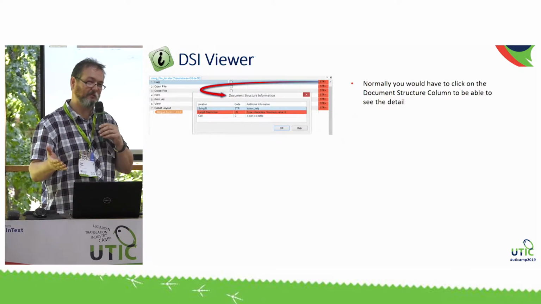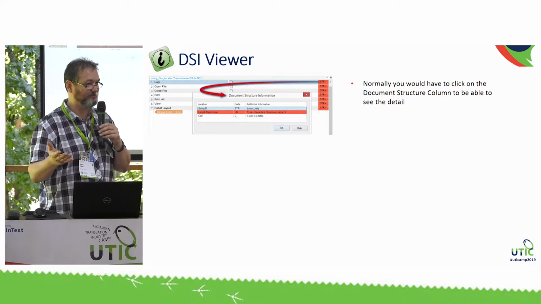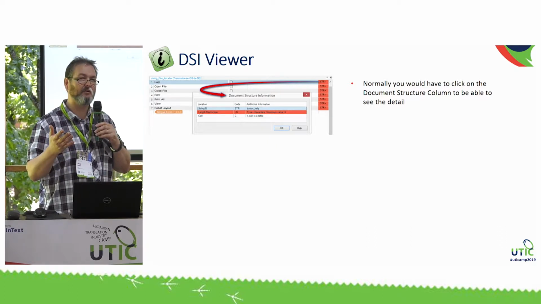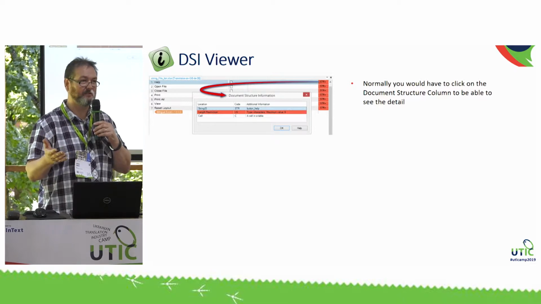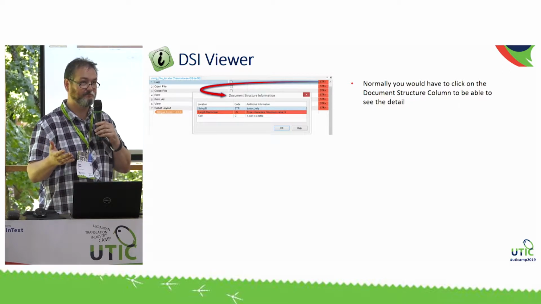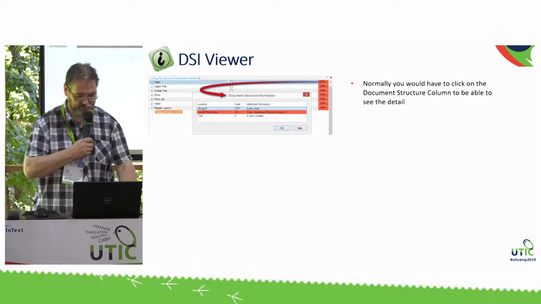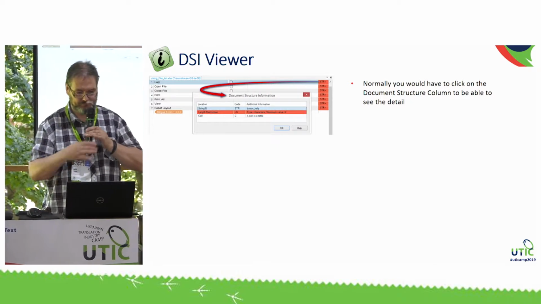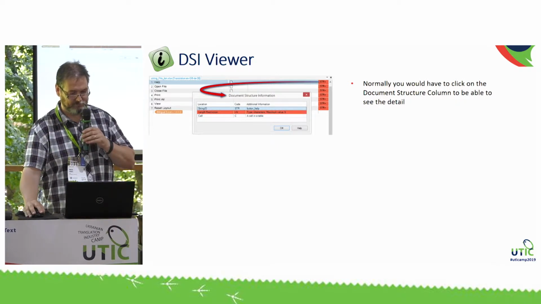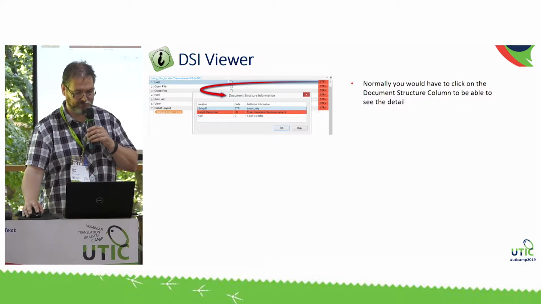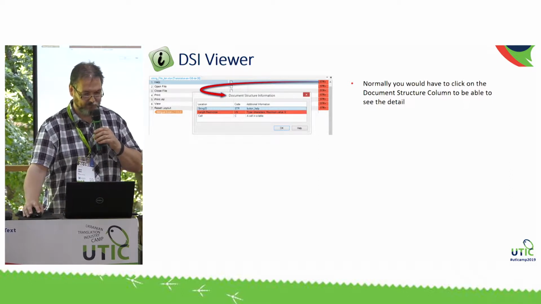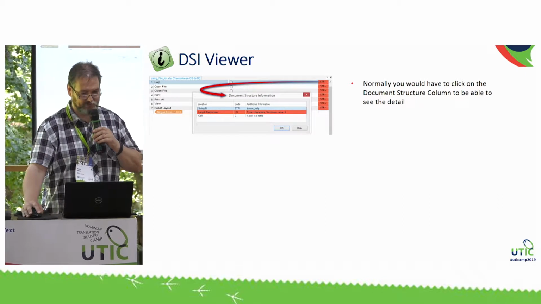And another thing that came up quite often is document structure information. Does anybody not know what the document structure information column is in Studio? So if I go to Studio, I'll just flick it over and show you. When I open up an existing project from somewhere, I'll take that one for example.